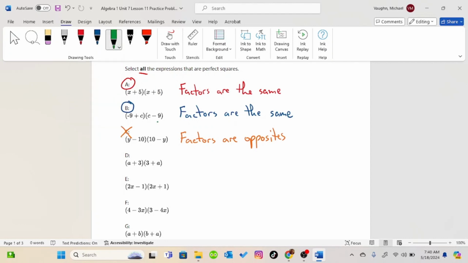Choice D. We have a plus 3 times 3 plus a. While the order is opposite, we have a positive a in both factors, and we have a positive 3 in both factors. This means the factors are the same. Therefore, D is a perfect square.